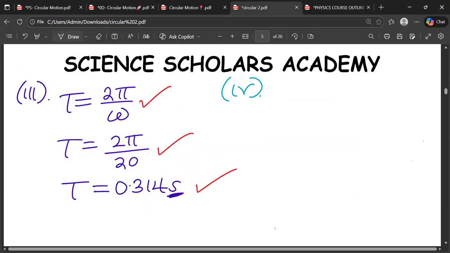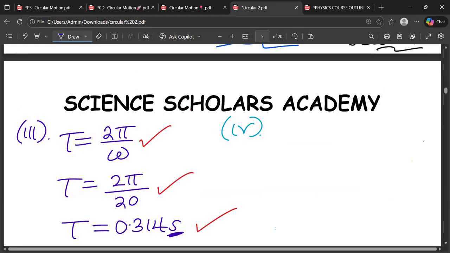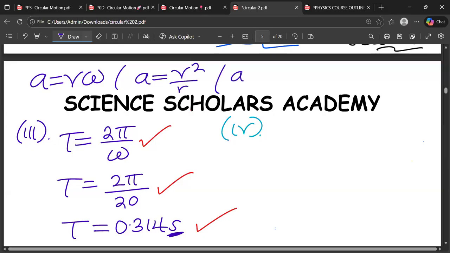So let's look at what we have. There is this formula of v omega. There is the formula of v squared over r. There is the formula of r omega squared. So which one are we really using?